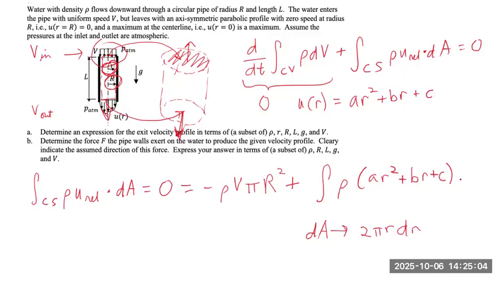So now we plug this in for dA, so 2 pi r dr.